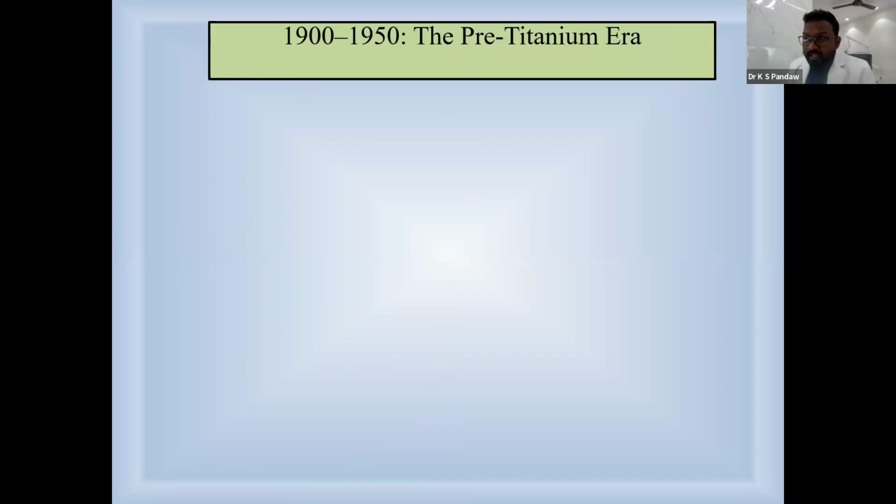If we try to divide the whole evolution, we can divide it into the pre-titanium era, the titanium era, and the 21st century digital era. Let's talk about the pre-titanium era, 1900 to 1950.